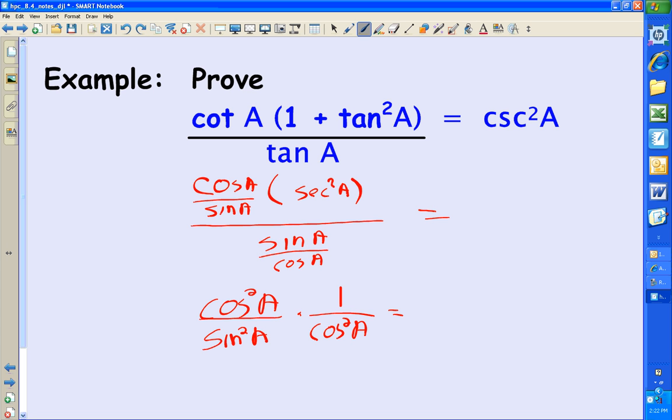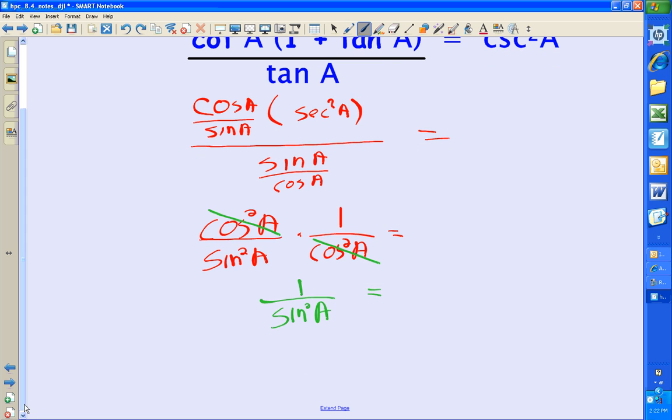What cross cancels? Cos squared A. So this cancels with this, leaving us with 1 over sine squared A. And 1 over sine squared A is cosecant squared A. Equals cosecant squared A, and we're done. That's what secant squared is.